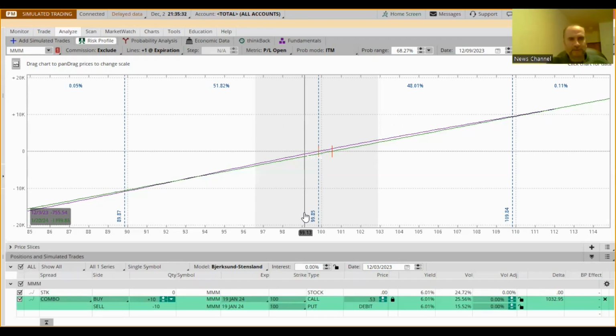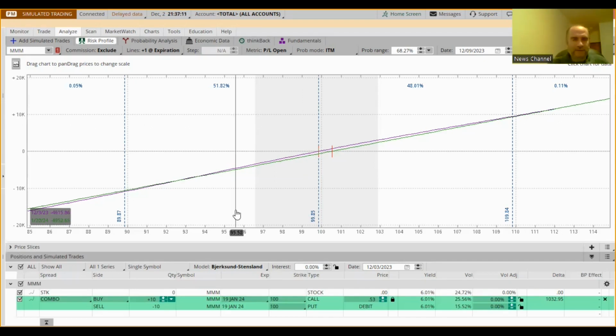You have to also monitor it, make sure that you're out before expiration, because either way, it can cause problems. Even if it's going your way, that means that you're now going to be assigned shares based on that call option. And if it's moving against you, you also have to get out, and you have to have a stop loss order. Now, you can put a premium stop loss, or it could be a psychological stop loss, but that means you have to monitor this trade and pay more attention to it.